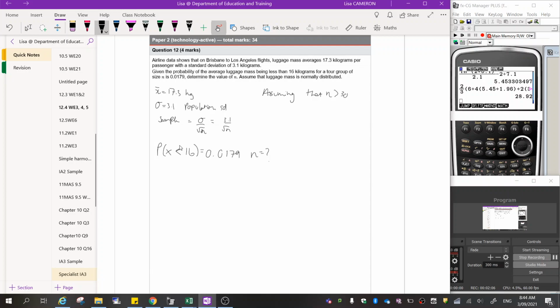Now, first thing I'm going to do is draw this into a picture because it helps my little tiny brain. So here we've got the mean as 17.3, which means that 16 is down here. If we're looking that it's less than, then it's going to look like this.